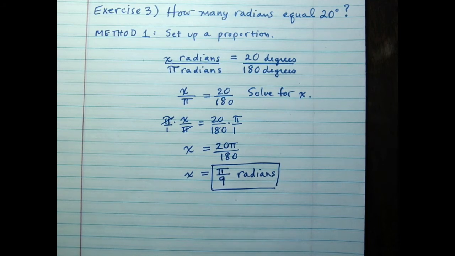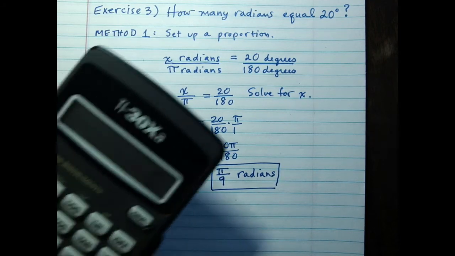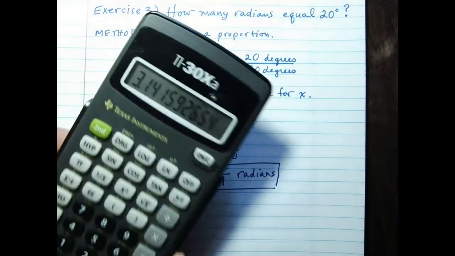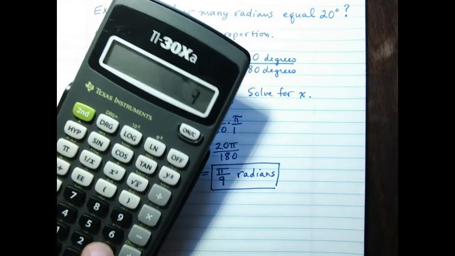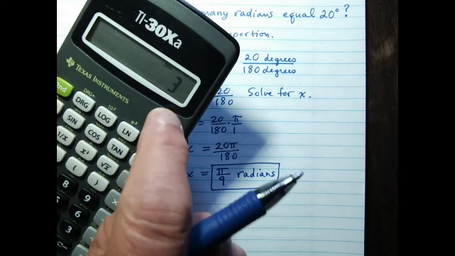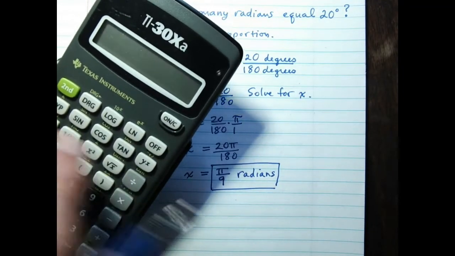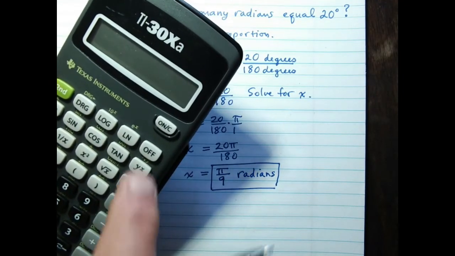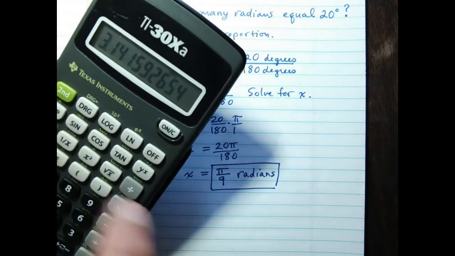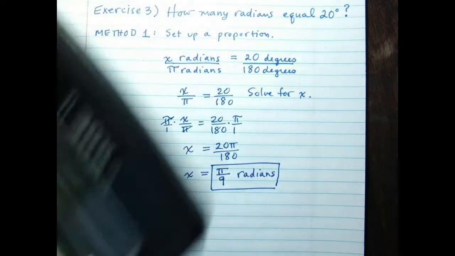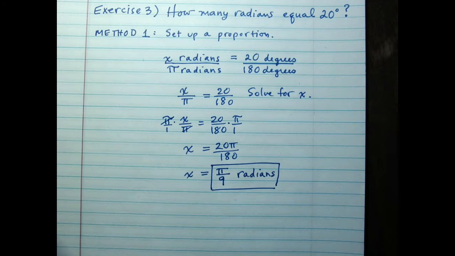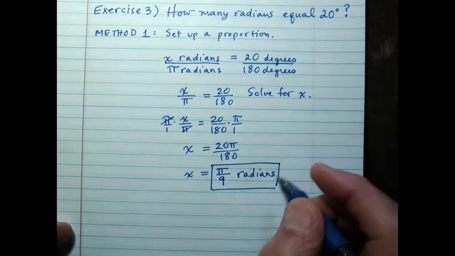Now, I could get a decimal by actually taking pi on my calculator and dividing by 9. Pi divided by 9. And I get about 0.349.